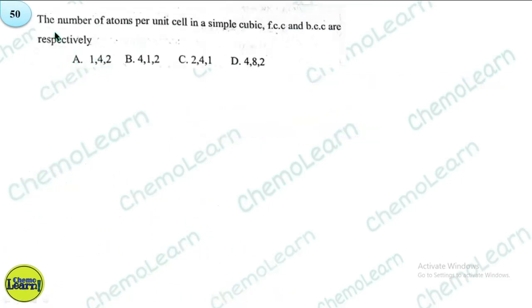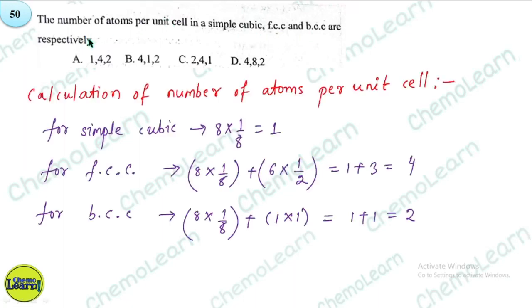Question number 50. The number of atoms per unit cell in simple cubic, FCC and BCC are respectively what? So we have to calculate the number of atoms per unit cell. In the simple cubic crystal, we have all the atoms at the corners only, and you know the contribution of a corner is 1 by 8.